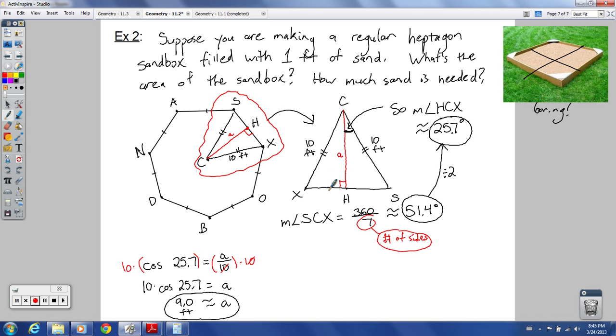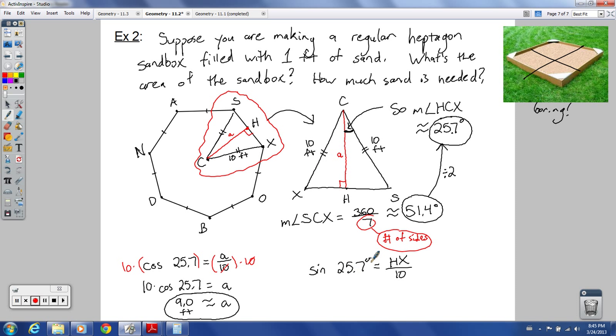We know this angle, we know this would be opposite of that angle, and we know that that would be the hypotenuse. So we could say sine of 25.7 degrees would equal hx over 10. This is opposite and this is hypotenuse with respect to this smaller triangle right here.